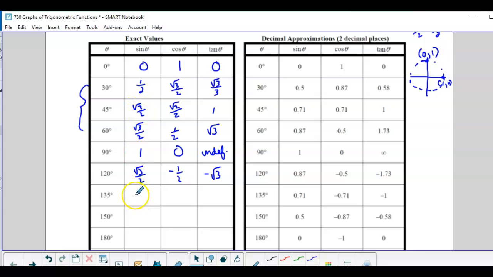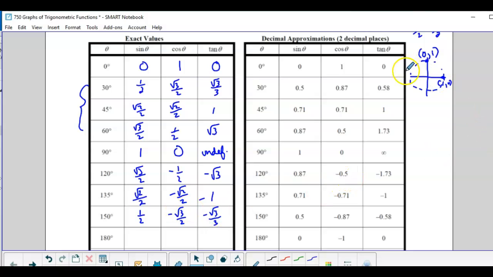Sine is going to be positive, because they're in the second quadrant. Then cos will be negative, and tan will be negative. Okay, and then 150 has a reference angle of 30 degrees, so 1/2, then negative root 3 over 2, and then negative root 3 over 3.